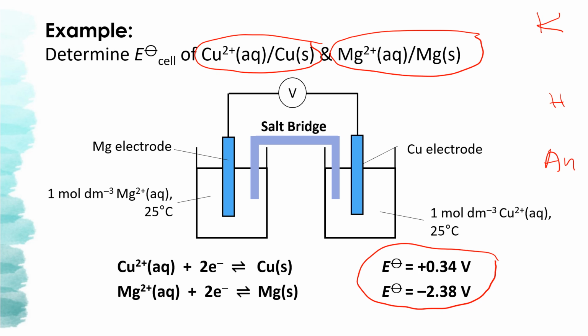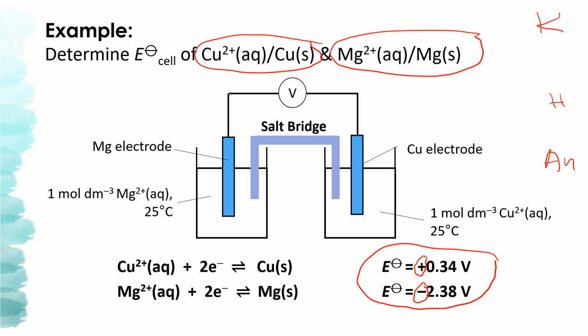For magnesium, in comparison to copper, magnesium is more electropositive. That's why it has a negative value. Negative indicates that magnesium prefers to be oxidized. But copper is positive, so copper 2 plus prefers to be reduced.